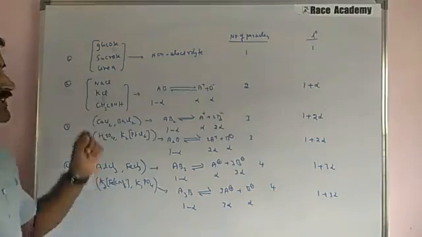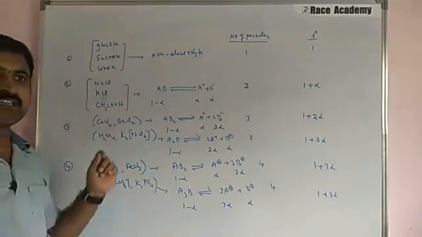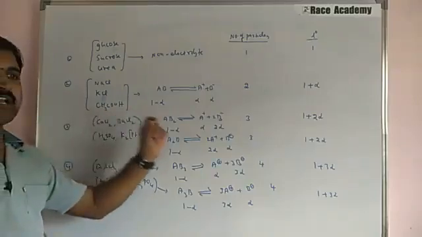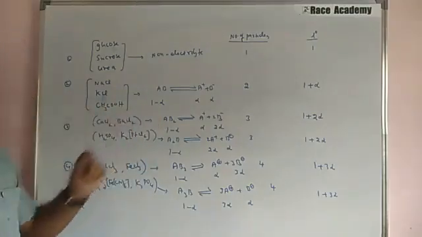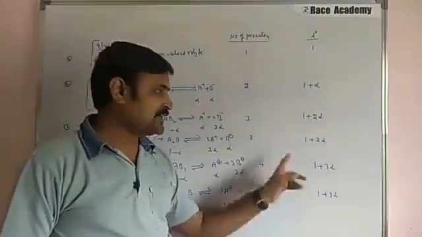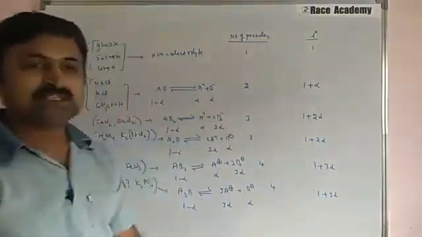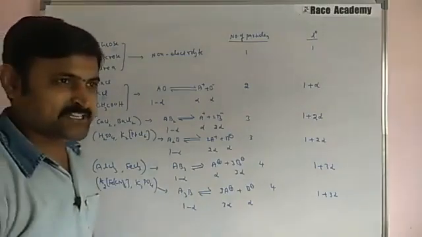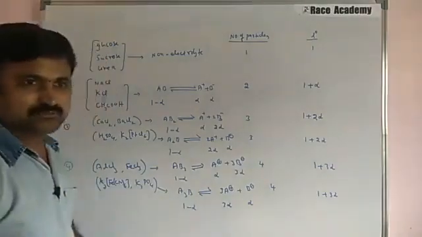That means they will definitely undergo dissociation and give the respective cation and anion, positively and negatively charged ions in the solution. Because of that, the Van 't Hoff factor must be calculated, and that Van 't Hoff factor should be substituted in the colligative property expression to find its value, right?